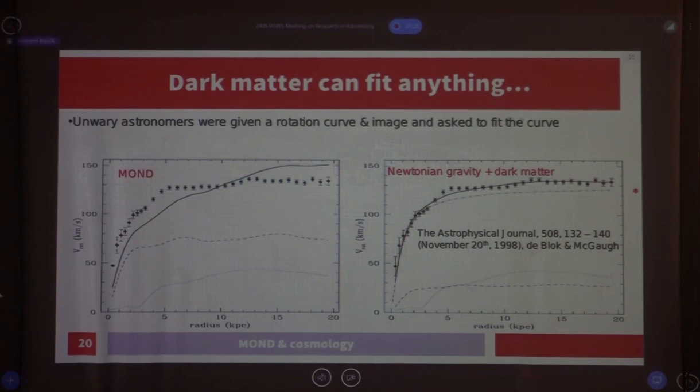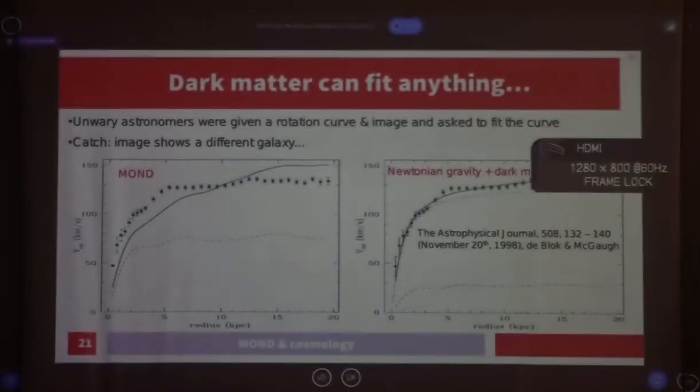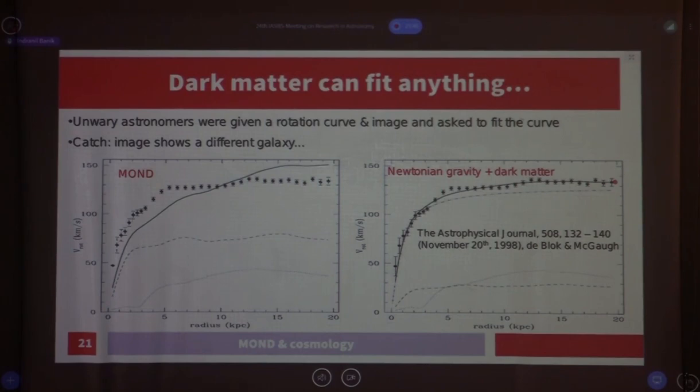But one thing to understand about this data is that it's not actually real. The image shows a different galaxy to that used in the rotation curve. So in other words, the astronomers were able to fit this fake combination of photometry and kinematics pretty well in the dark matter theory, but not in MOND.